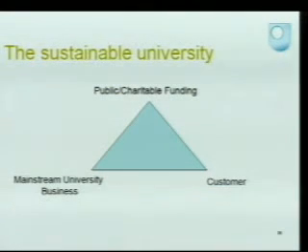Now, for me, the best way of understanding this is in the form of this triangle. There are three potential sources of income. At the top, there's public funding through governments or charitable funding through foundations. The bottom left is when it's mainstreamed into your university business, when, as we do at the Open University, we see it as part of our marketing activity, as part of our branding activity, as part of our recruitment activity.